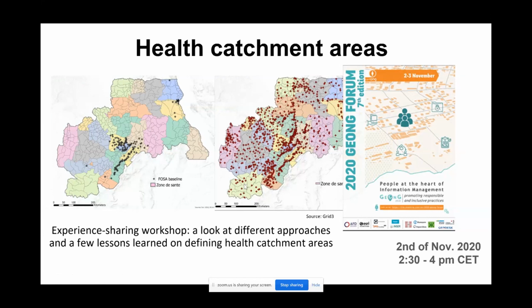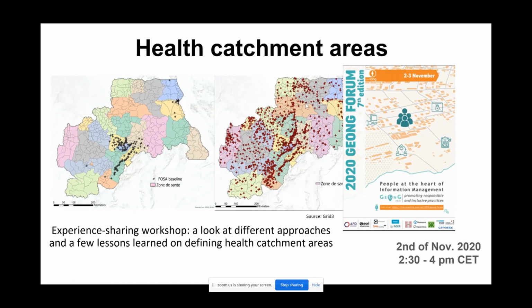The idea is really just to work on health catchment areas. So we will see quickly, as an introduction, what the health catchment areas are and what is the main objective that we have with this group around them.